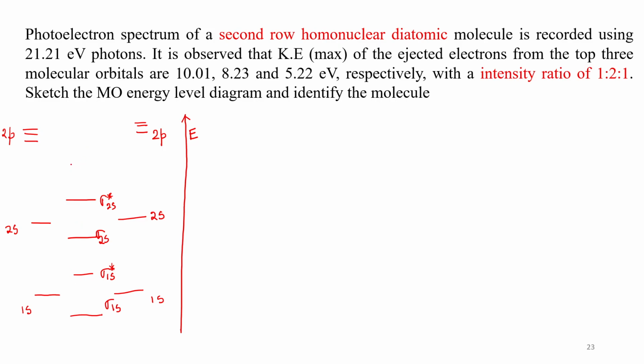Means 1s, 2s, 2p. Now, as there could be two cases, I will draw the same again. This is up to nitrogen and this is beyond nitrogen. Up to sigma star 2s there is not much problem.